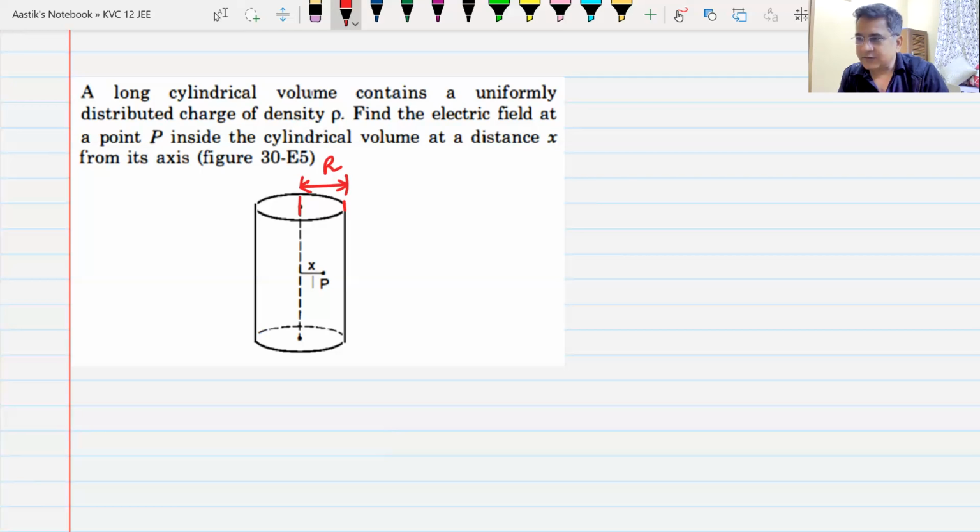What is the electric field on the surface? Remember the graph and the vector form. Rho r by 2 epsilon naught. Where is the electric field maximum? On the surface, sir. Very good.